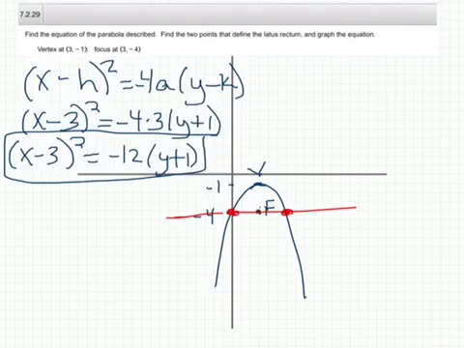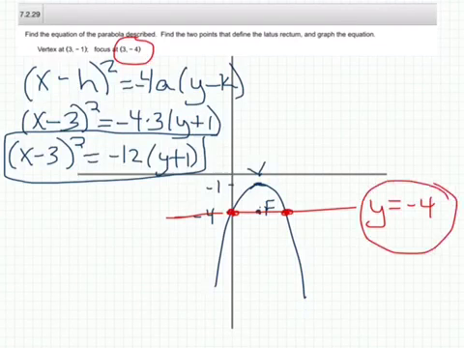Okay, so the way we're going to do that is this. We need to keep in mind that that horizontal line goes through the focus. And since the focus is at x equals 3, y equals -4, this line is at y equals -4. We can figure out what the corresponding x values are by plugging in y equals -4 into our equation.